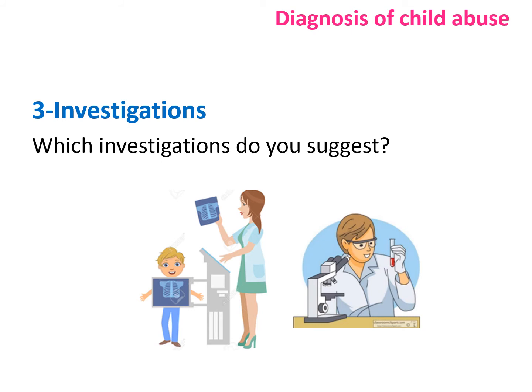Sometimes you suspect that the child has injuries in the eye, so you should send him to do fundus examination or another examination for his eyes. Sometimes you are not sure whether the injuries are due to abuse, to physical force, or due to a disease. So you sometimes suggest investigation to exclude a disease which may lead to a picture like being injured.